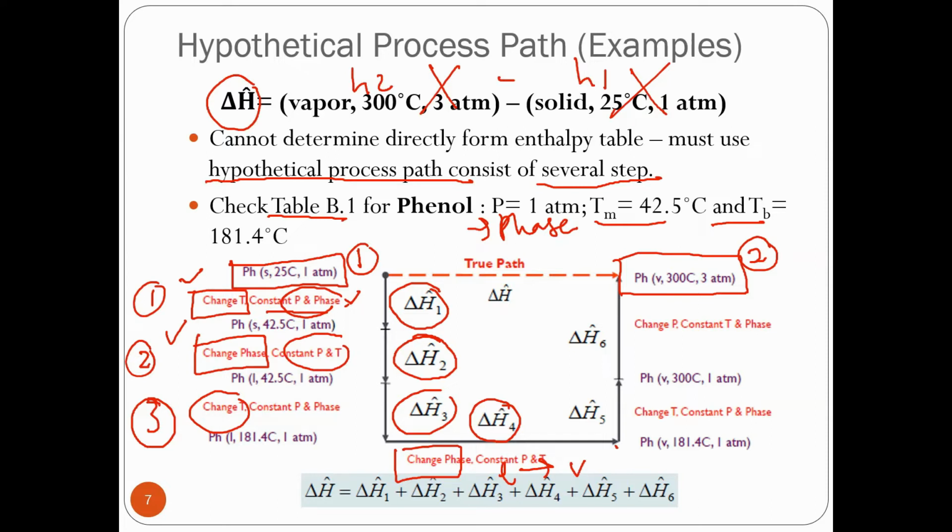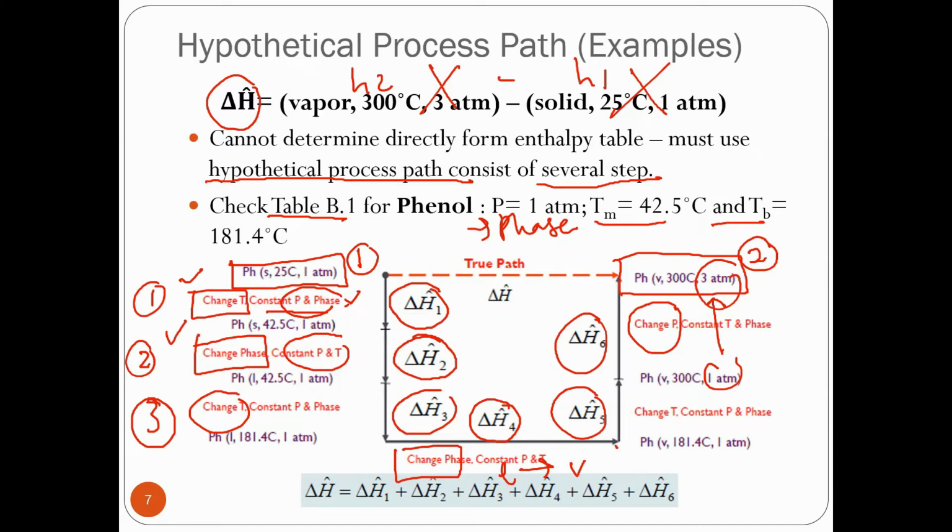Okay, make sure each step has only one change. So that's why you're going to have these 6 changes of enthalpy, one for each step. Lastly, you're going to have a change of pressure, because from 1 atm they're going to change to 3 atm. Okay, you need to do it step by step. So this is the hypothetical process path.